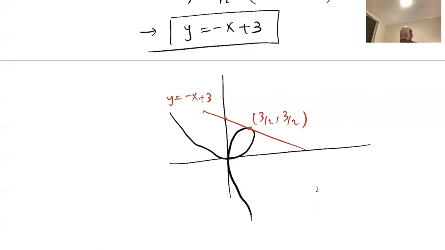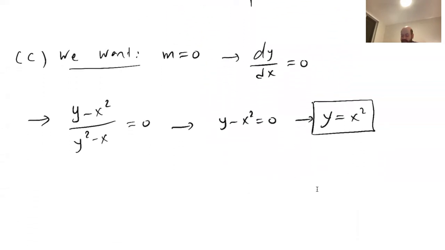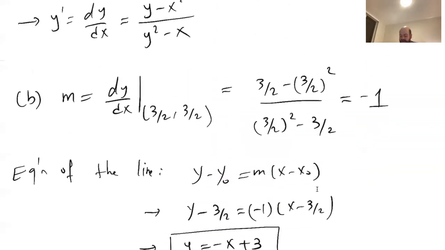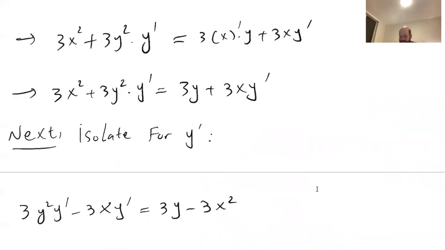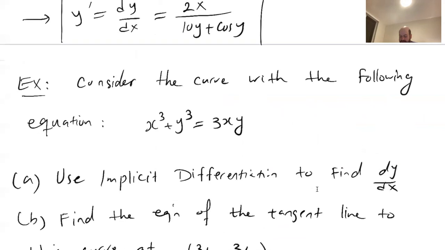So we found out that if at a point you have a horizontal tangent line, then at that point you must have y equals x squared. But on the other hand, if the point is on the curve, then the point must satisfy the equation of the curve itself as well, right? So the equation of the curve was given in the question here.